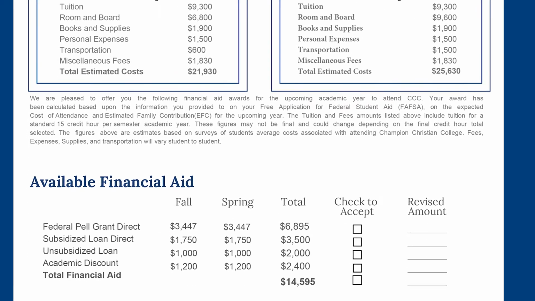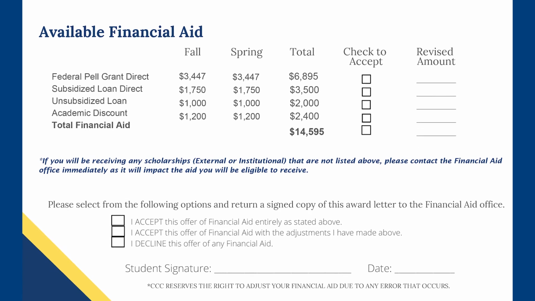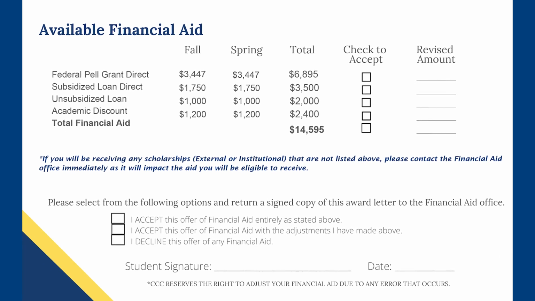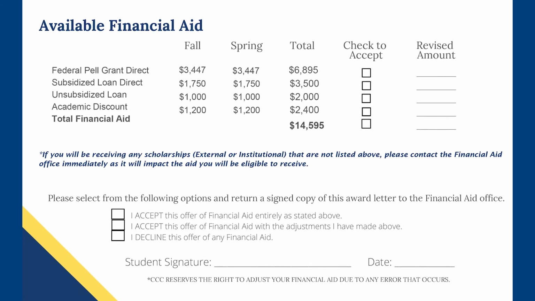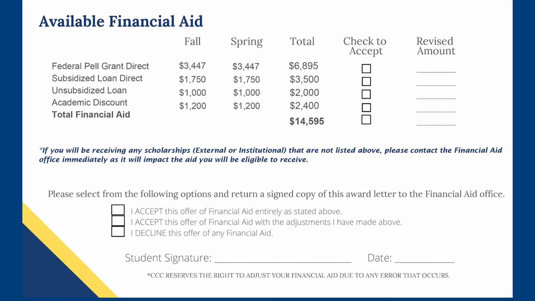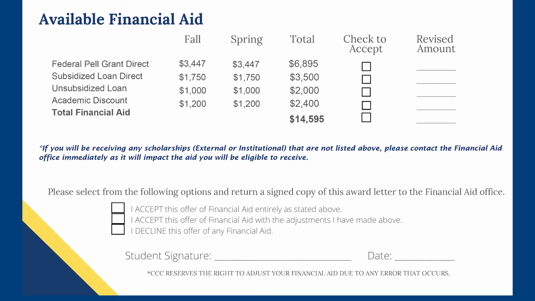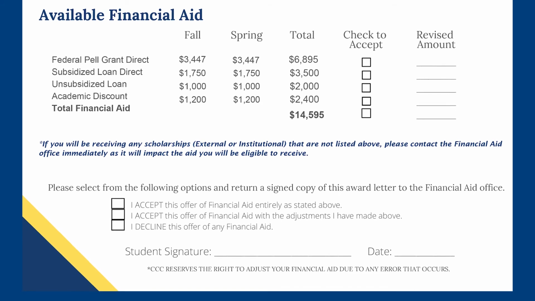John is receiving a Pell Grant of $6,895, the academic discount of $2,400, and he will also be awarded subsidized and unsubsidized loans totaling $5,500.